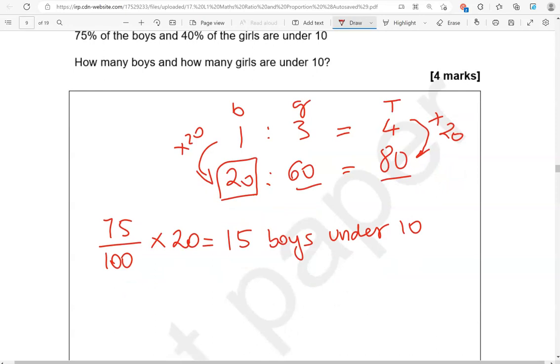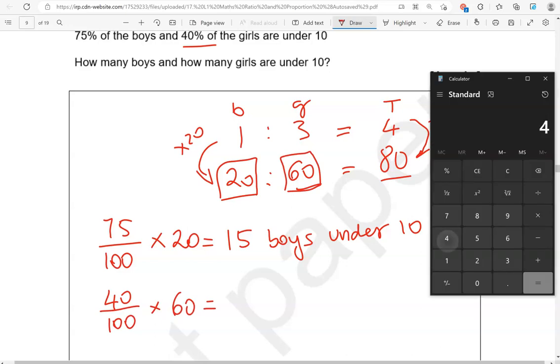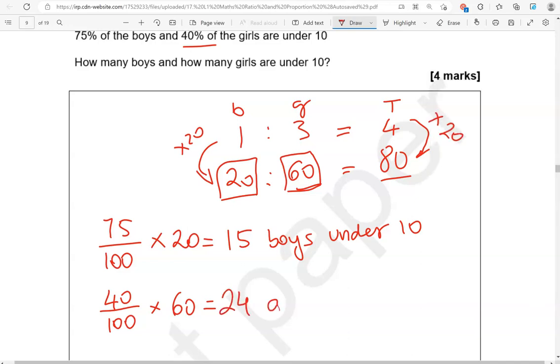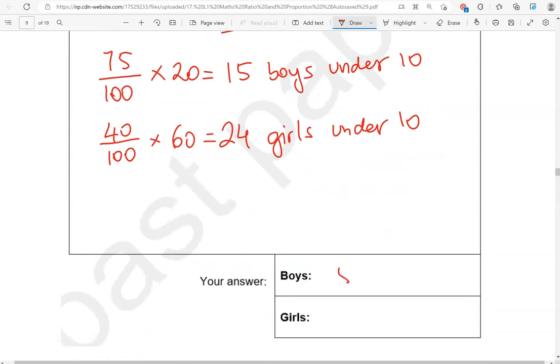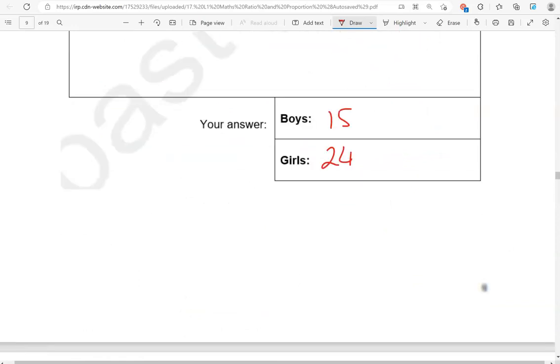And we've got 40% of the girls being under 10. So what is 40% of 60? So 40 divided by 100 times 60 gives us 24 girls under 10. 15 boys and 24 girls.